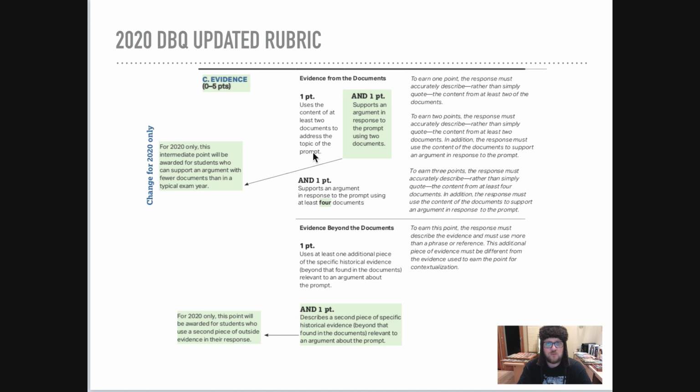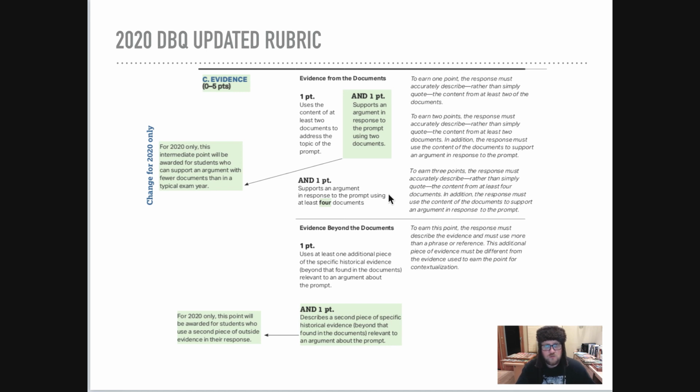Typically that's going to be 3, but you only need to use 2 for this point. So to earn 1 point, the response must accurately describe rather than simply quote the content from at least 2 of the 5 documents. That means you basically just have to use a document and describe it within the context of the prompt. Again, that was lowered down to only 2 documents rather than 3.